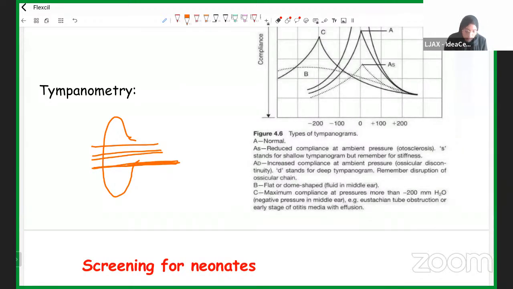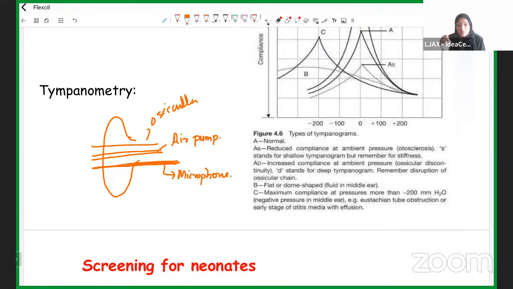So we have an ossicular part of that probe. We have a part which will pump air. And we have a part with a microphone. This microphone part will produce sound waves.